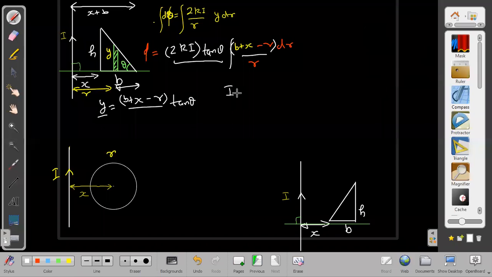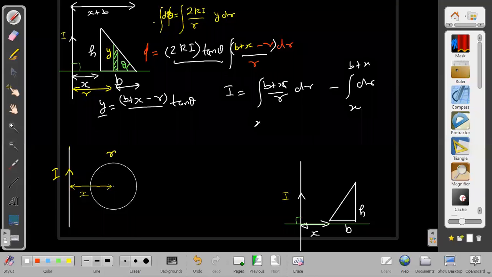The integral becomes b plus x by r into dr integral minus of dr integral, limits going from x to b plus x, and here limits again the same, x to b plus x. Is that fine?